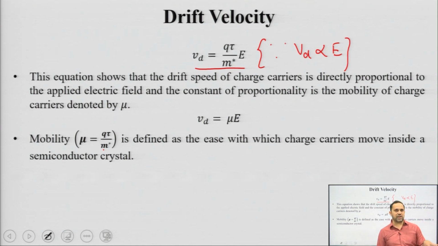The curvature of the energy band diagram basically decides the value of effective mass. Okay. So, higher the curvature, steeper the energy band diagram, lower will be effective mass, which means in such devices you are going to have high mobility, and mobility by definition is a physical parameter which measures the ease with which charge carriers move inside a semiconductor crystal.